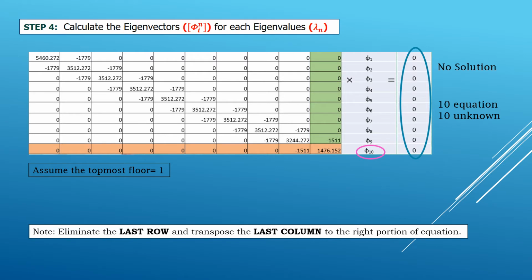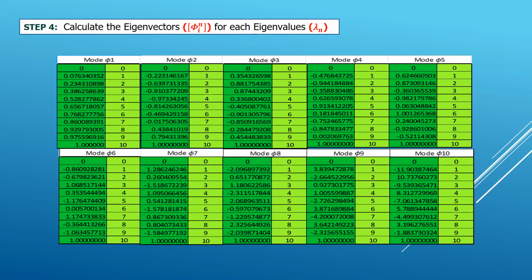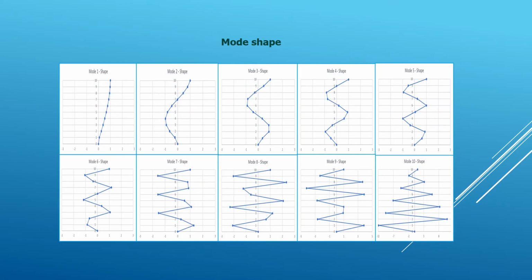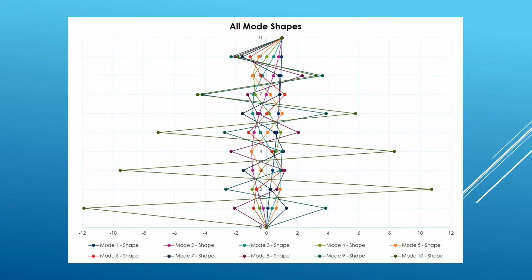So, meron na tayong 9 by 9 matrix, 9 equation, and 9 unknowns with equation. So, ito na yung result ng every mode. Same process lang every mode. Ang eigenvector is yung mag-determine ng mode shape. So, ito yung mga mode shape ng every mode. So, ito naman kung isama mo yung lahat na mode shape. Ito yung itsura niya.